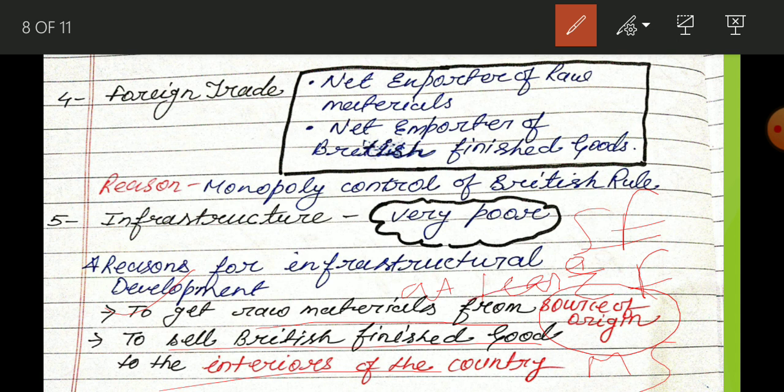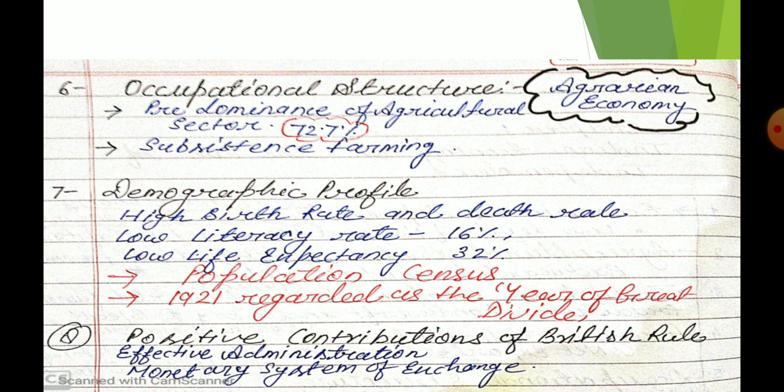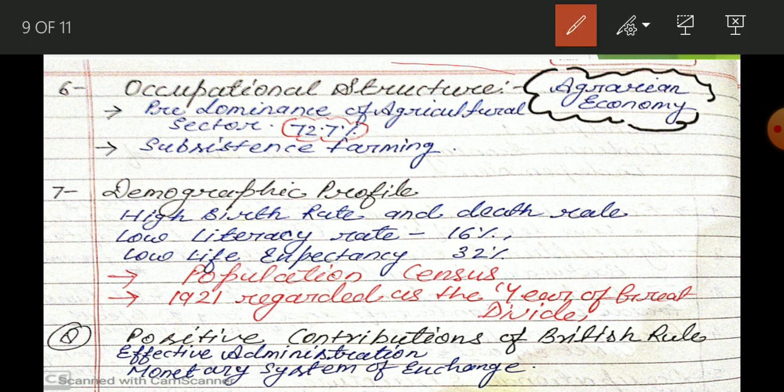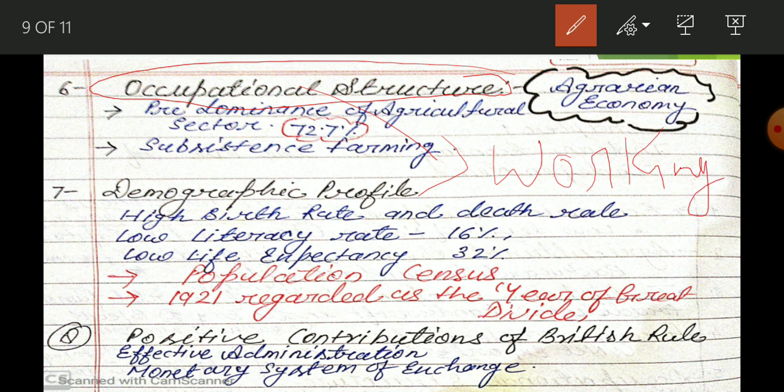Now next is occupational structure. What do you mean by this term, occupational structure? Occupation means work, working. It is related to the distribution of the workforce.